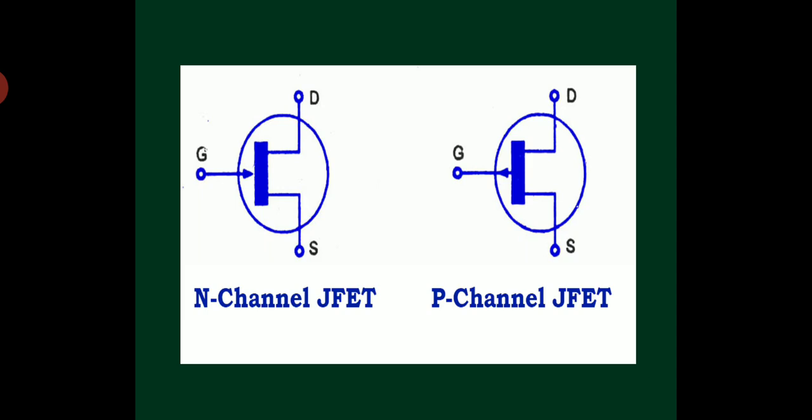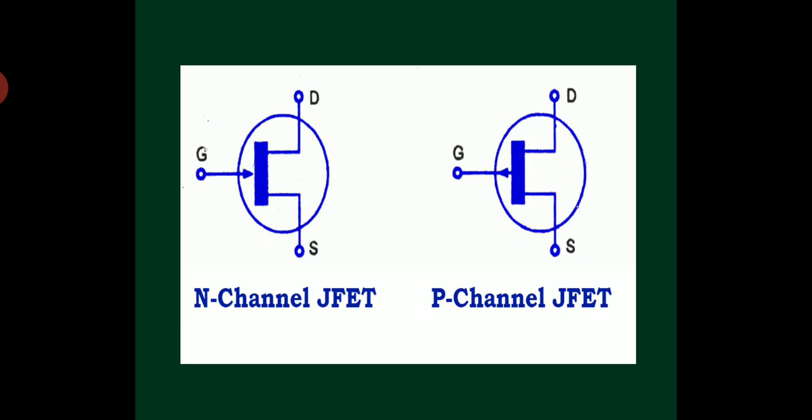And if you take common emitter configuration, IB is the input current and IC is the output current. In that also, IC output current is dependent on IB input current, as IC equal to beta into IB, where beta is the current gain. Or in other words, beta equal to IC by IB.